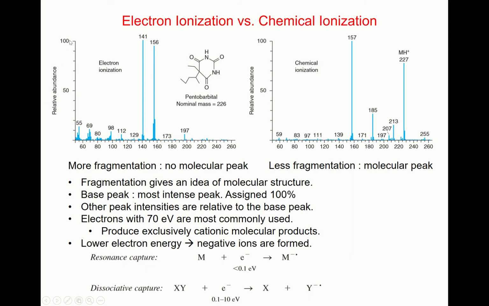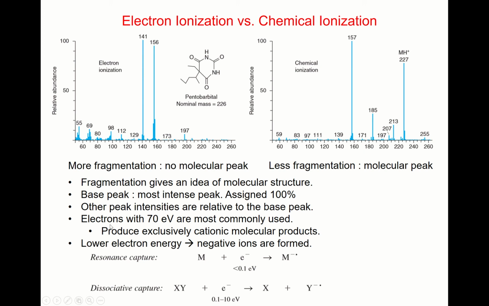This is the usual representation of a mass spectrum. You pick the base peak and assign it 100%, and other peaks are displayed relative to this base peak. The peak intensities are relative to the base peak.